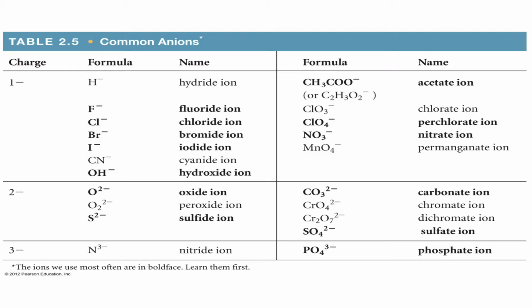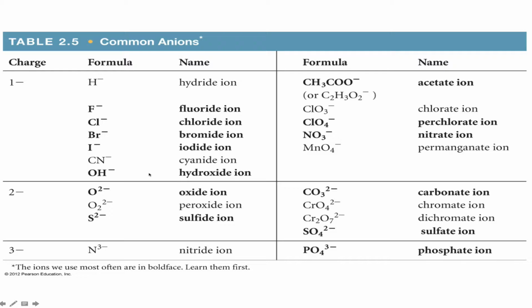lost an electron. Notice that the anions end with "ide": hydride, fluoride, chloride, bromide, iodide, cyanide. So now this is the first one where we're using a polyatomic anion, two atoms to form an anion, and this is named cyanide.